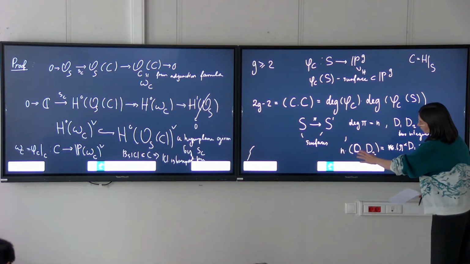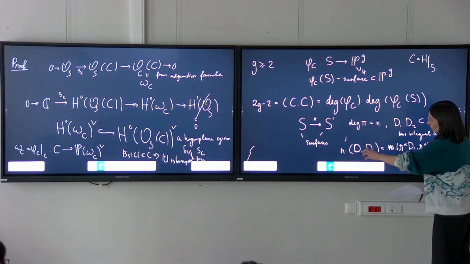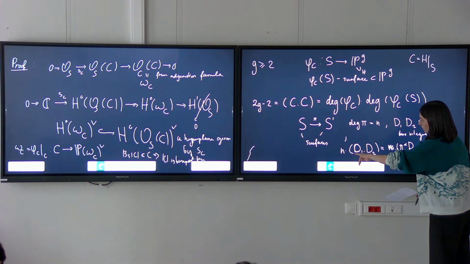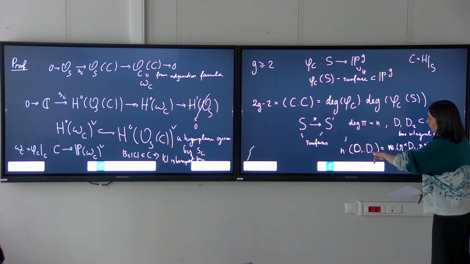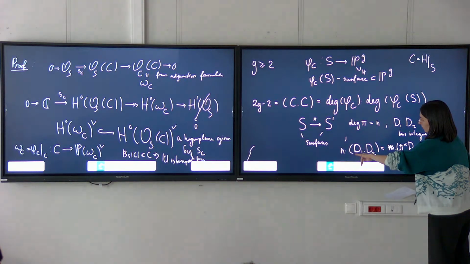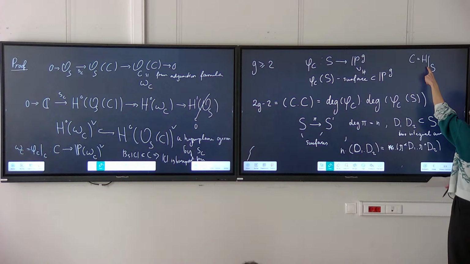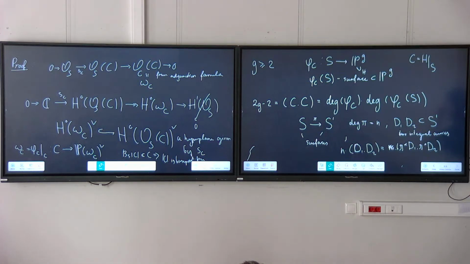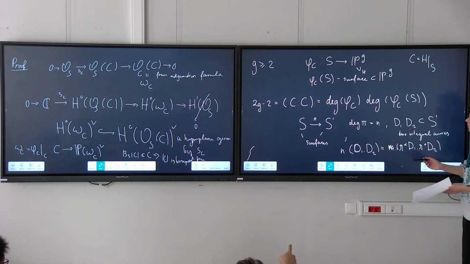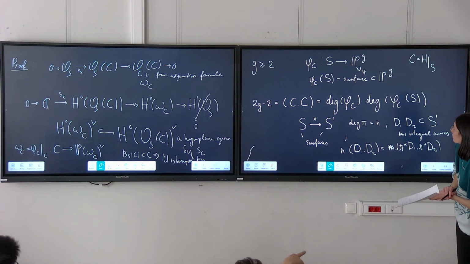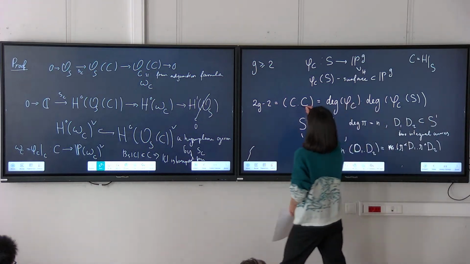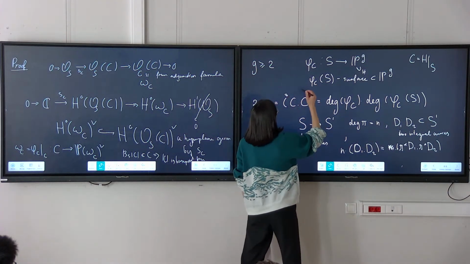So I can explain geometrically what we have. We have two integral curves, D1 and D2, and suppose that they intersect properly. It is better to write that C is a pullback, because it's not always an embedding.